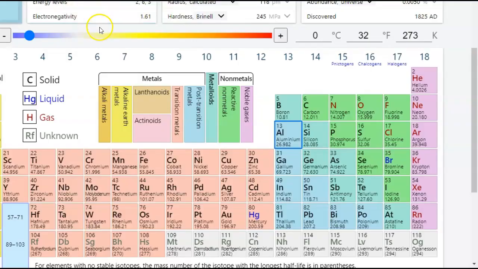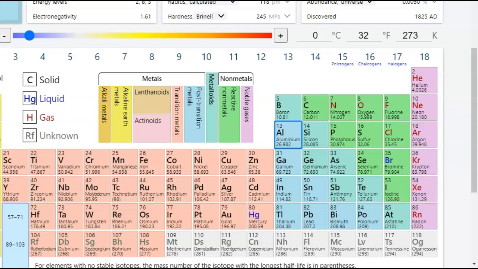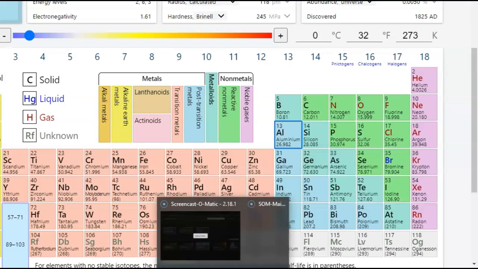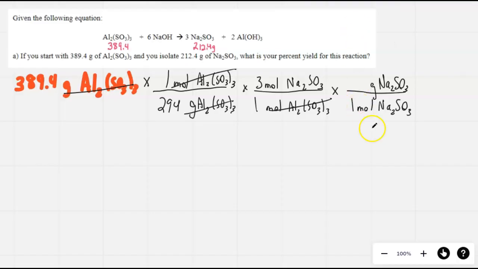Sulfur is 32. And then 3 oxygens would be 16 each, so 48. So 48 plus 32 plus 46 is 126. Does that make sense, how we did that? Do you get 126? Anybody else get one? All right. So 126 grams per mole.